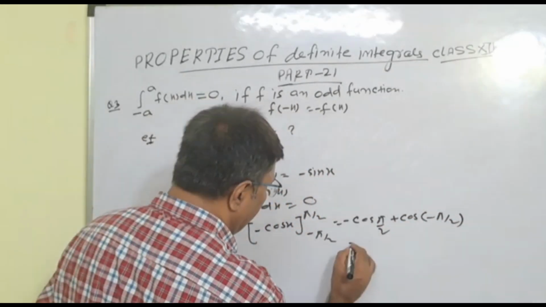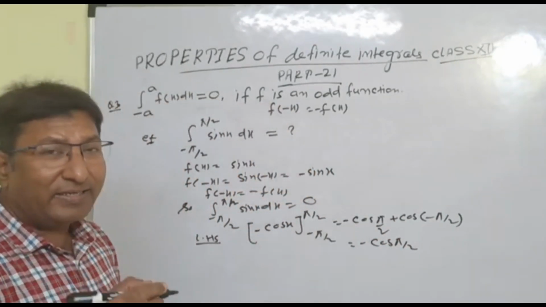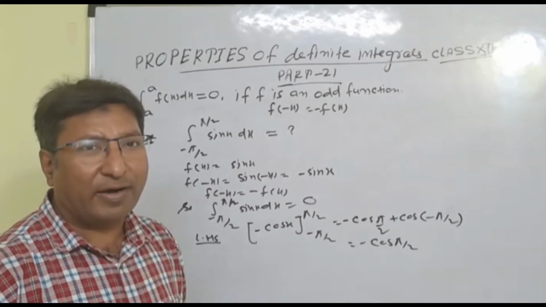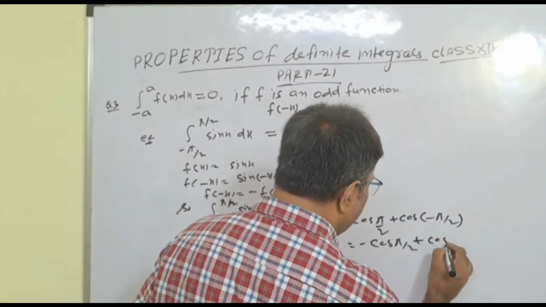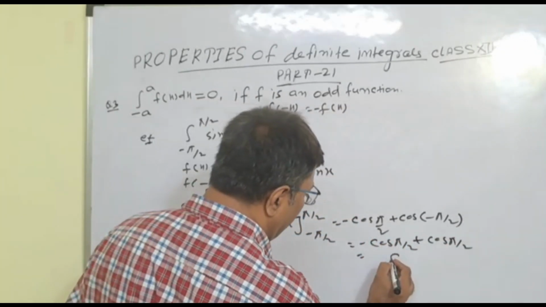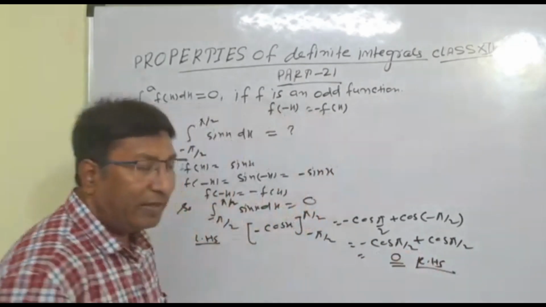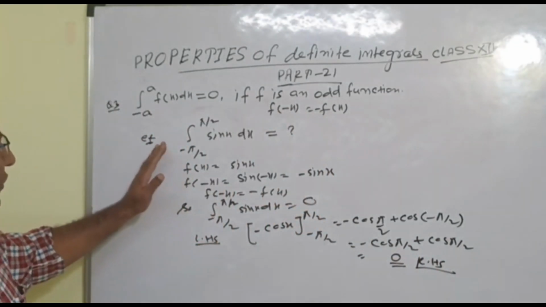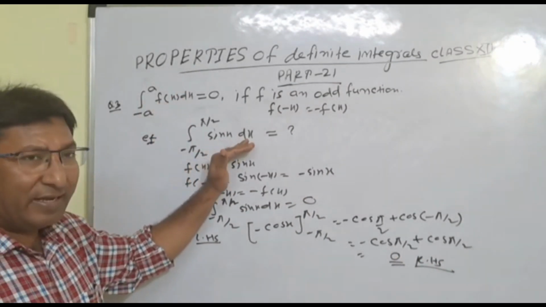You know cos of minus theta, that is cos in the fourth quadrant, is positive, so this is simply cos pi by 2. And here minus cos pi by 2 plus cos pi by 2 is 0, and this is the RHS.